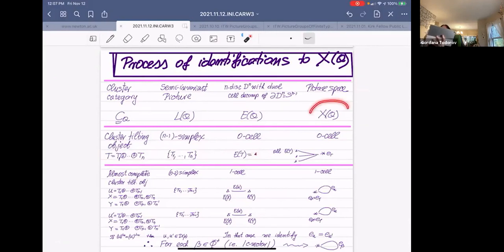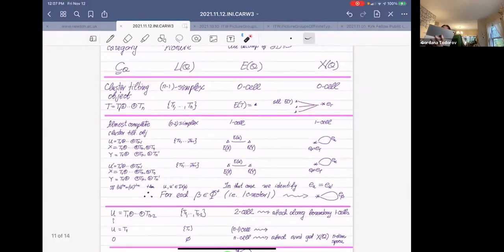And then in the picture space, we send all of these points to one single point. Now, if we have an almost complete cluster tilting object, it will be between two tilting objects. It will give one cell, and in the picture space, it will give one cell like that.